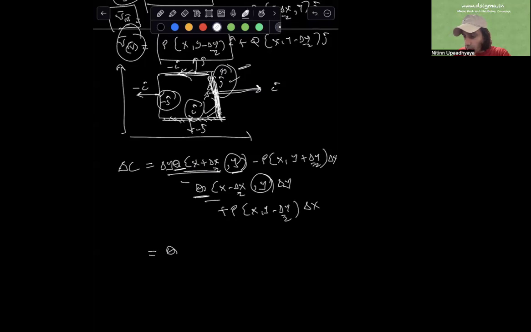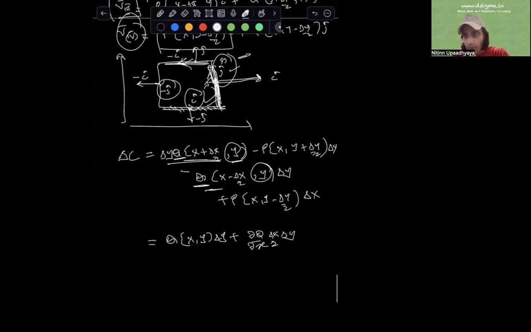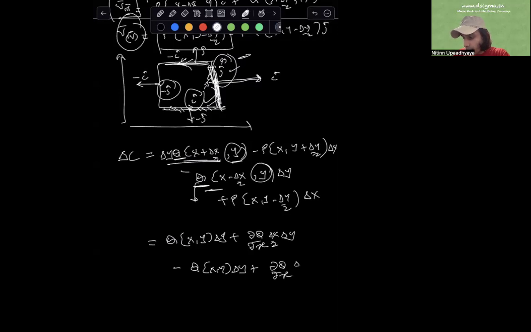So now I'll take these two terms and do a Taylor series expansion to first order. So I'll have Q(x, y) del y plus dou Q dou x del x by 2 del y. That's the first order derivative which comes from the Taylor series expansion. Similarly, when I look at this term, I will have minus Q(x, y) del y plus dou Q dou x del x by 2 del y.